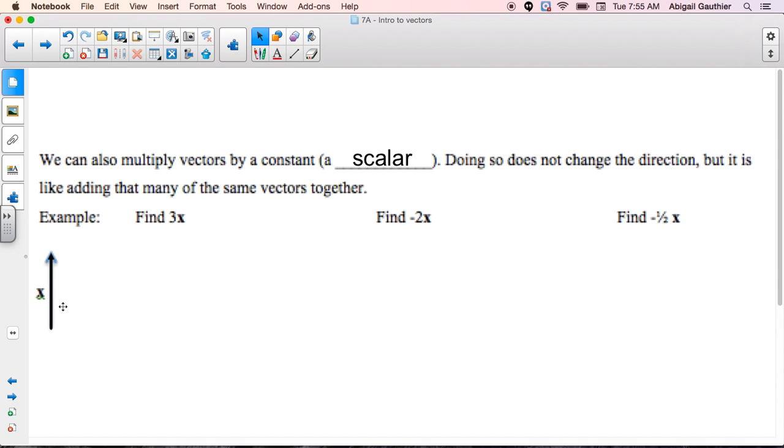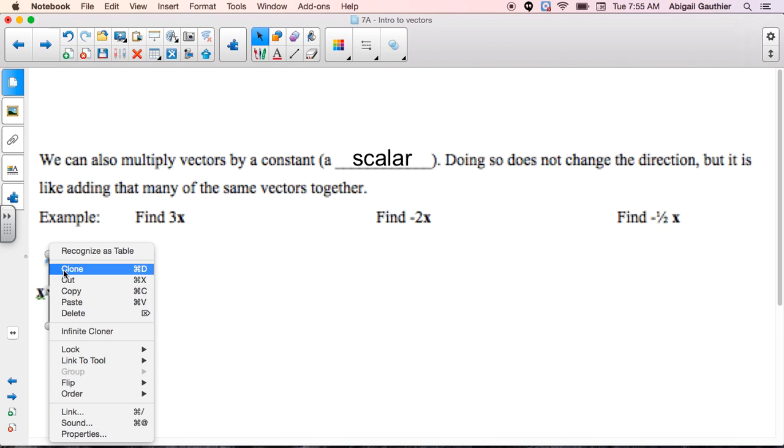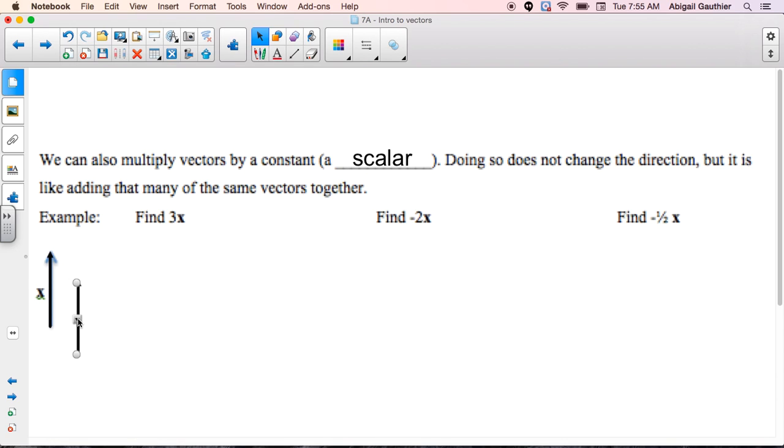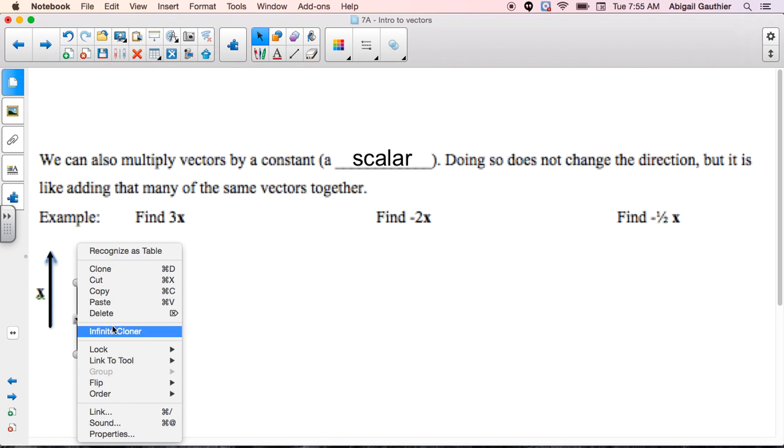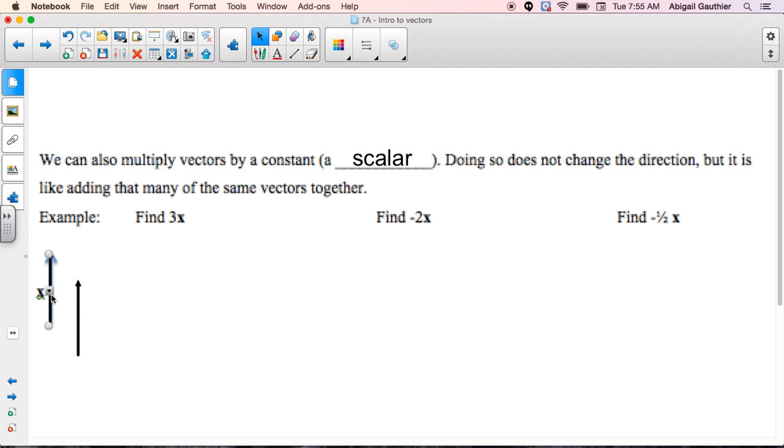So I'm going to make clones of it. In fact, right over here, I'm going to make it an infinite clone. So traveling 3 x's would be like, I'm going to have to move them down.